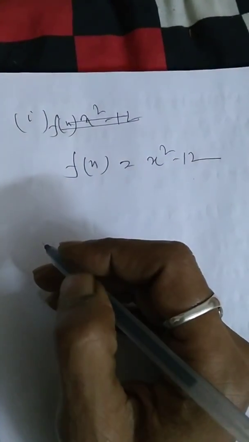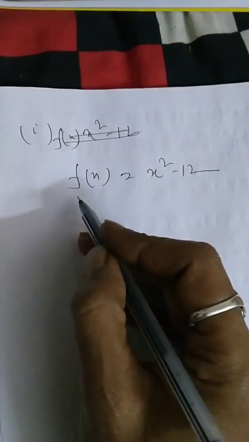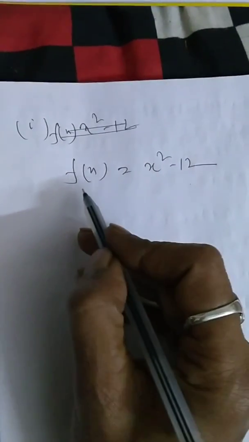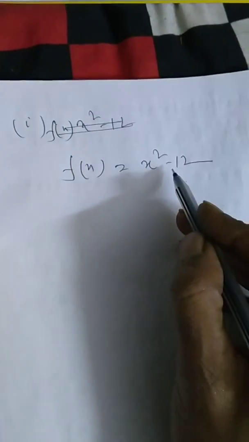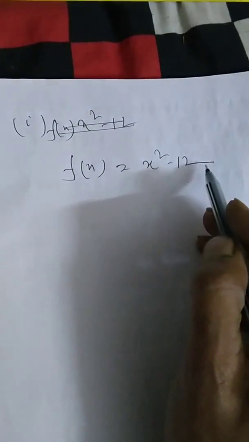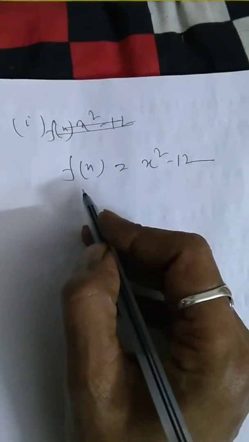We have to choose a particular positive number and a negative number. Now we have to check sequentially. f of 0 will be negative, f of 1 negative, f of 2 negative, and f of 3 negative.